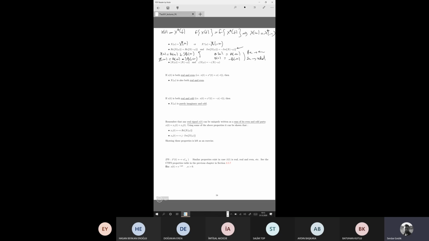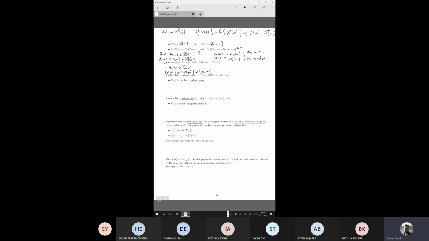So what about this observation, the third bullet: X of omega and X of minus omega have the same magnitude. Of course, if you have two signals which are related with this, X of omega is equal to X conjugate of minus omega, then the norm of X of omega is equal to the norm of X conjugate of minus omega, and is equal to the norm of X of minus omega.